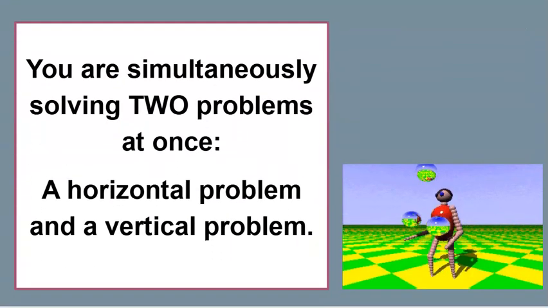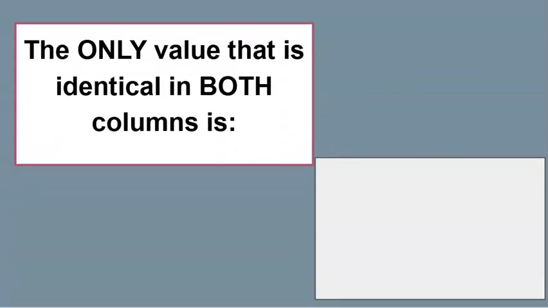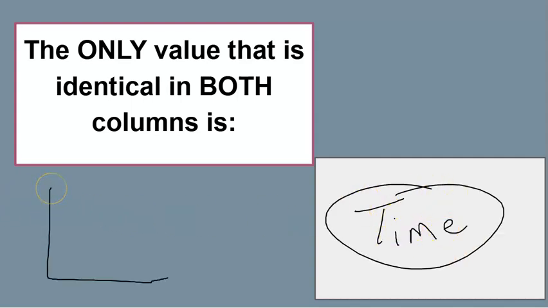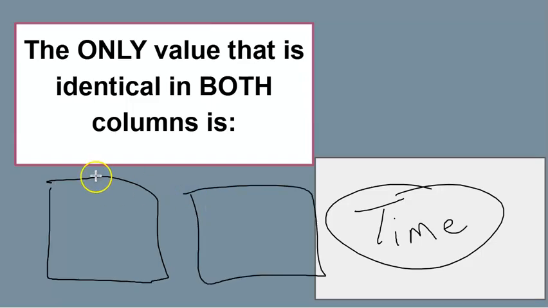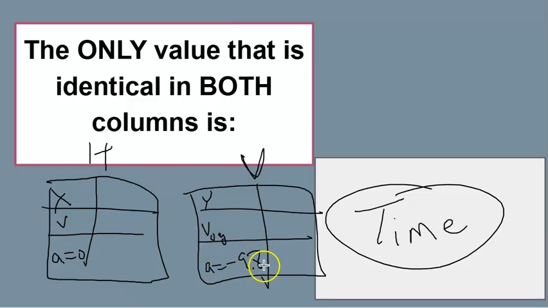So you are juggling two things at once, a horizontal Sudoku and a vertical Sudoku. The only value that is identical in both columns is time. One way to think of this is you do your horizontal Sudoku, X, V, A equals 0, and your vertical Sudoku, Y naught, V naught Y, A equals negative 9.8.